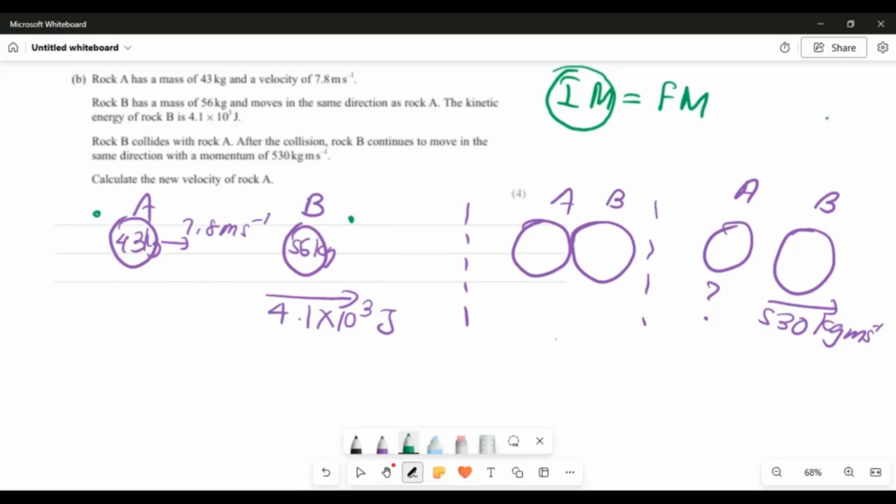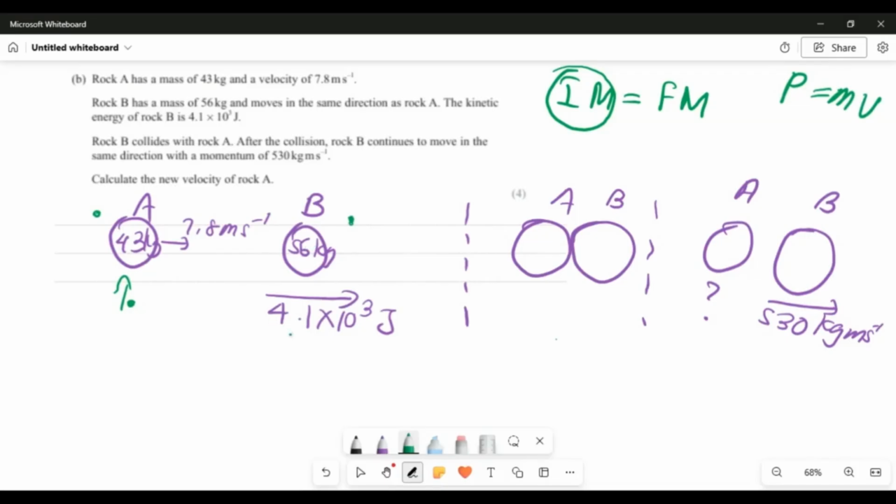You know that momentum is the product of mass and velocity. When you consider object A, it has a mass of 43 kilograms and a velocity of 7.8 meters per second. Since they have given the mass and velocity, we can find the momentum of A. But for B, they have given only the mass, not the velocity.